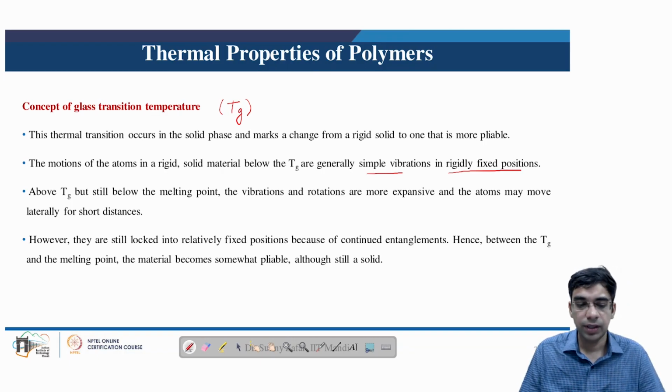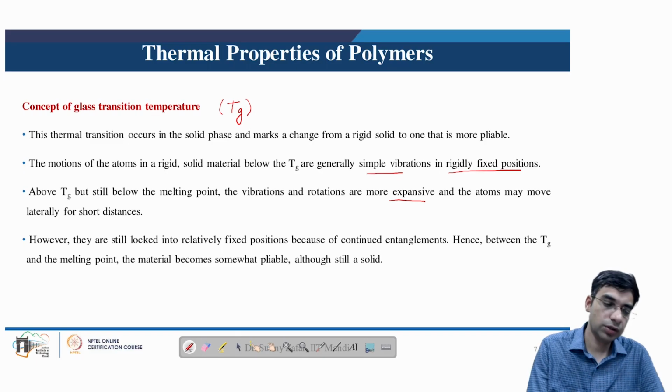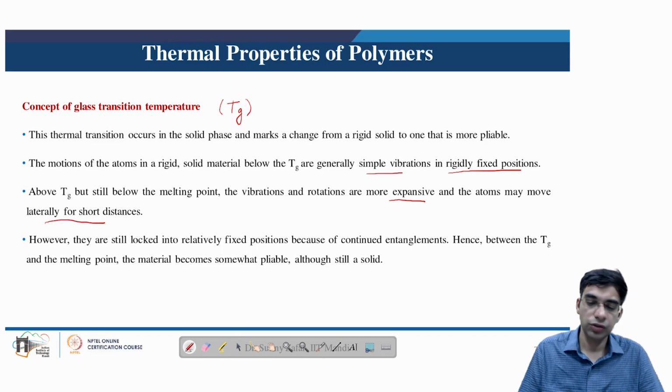Above the Tg but below the melting point, the vibration and rotation of the atoms becomes more expansive and atoms may be able to move over short lateral distances. So this short range movement of the atoms is there.